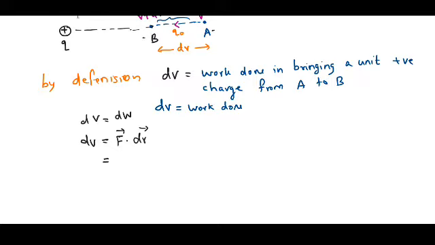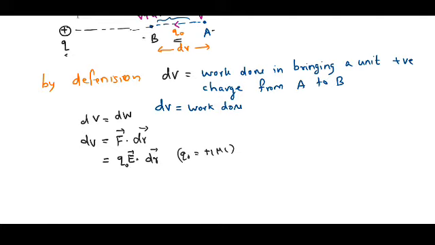The work is replaced by force into displacement. This force is experienced by the Q0 charge in the electric field E that is produced by the source charge Q, dot dr. Here the Q0, I take this as a plus 1 microcoulomb charge.